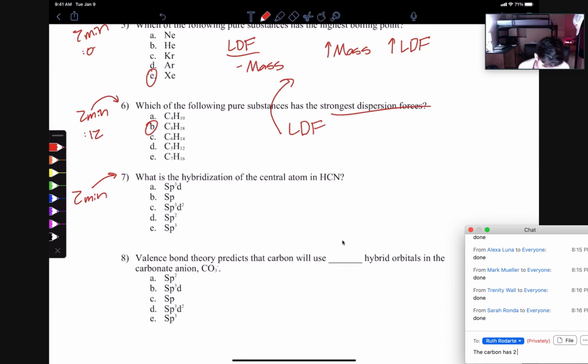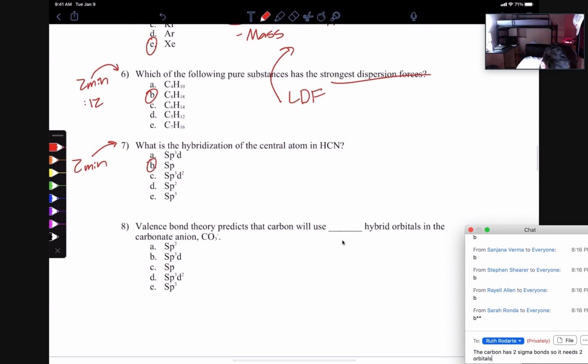All right, go ahead and spam your answer to number 7. Good. Yep, so the answer is B. This one is just a matter of drawing the Lewis structure and figuring out the hybridization.